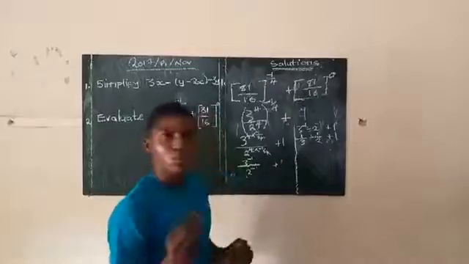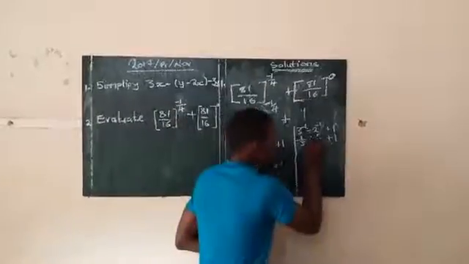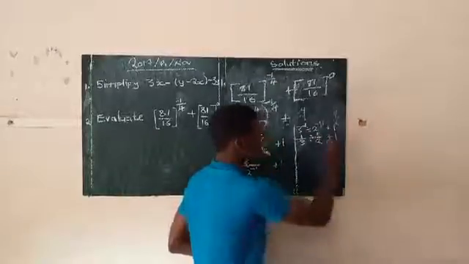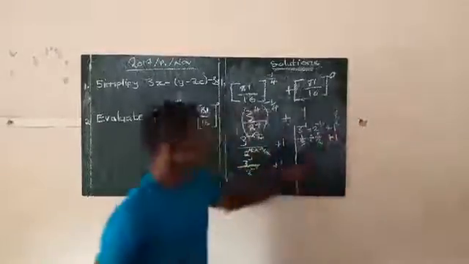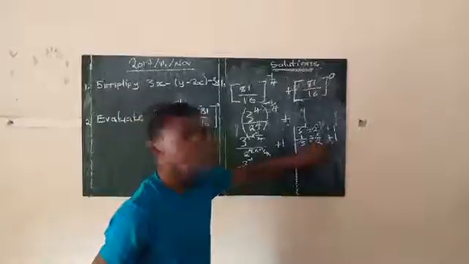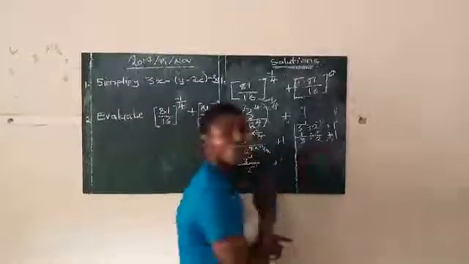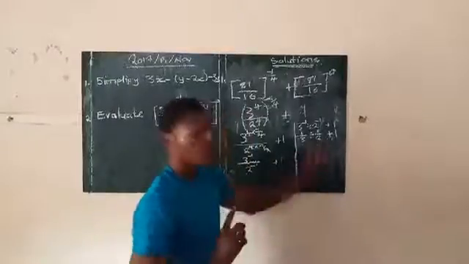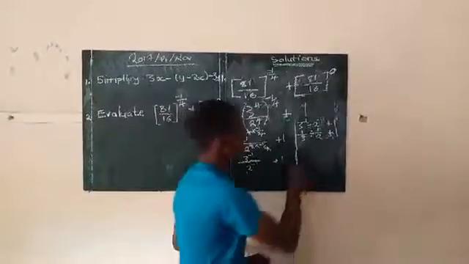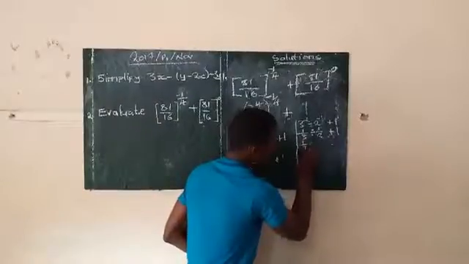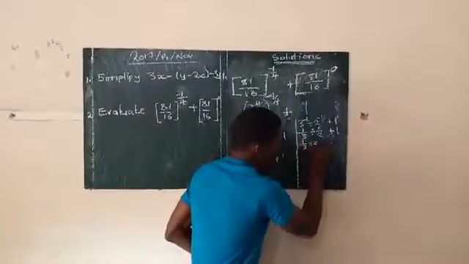So now, when you see a division and an addition there, you first deal with the division before you go to the plus, the addition symbol. So what we do is 1 over 3 multiplied by 2, then plus 1.